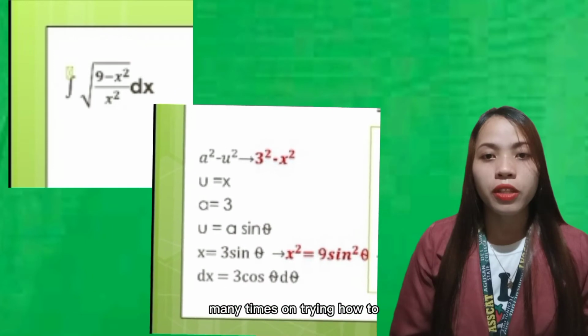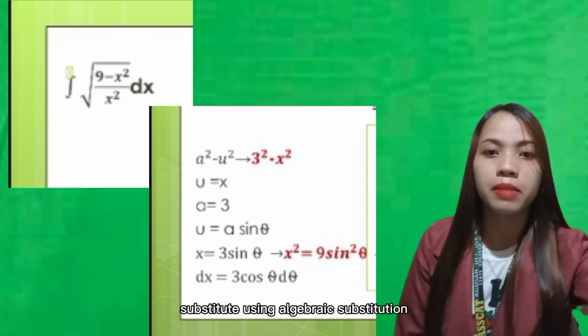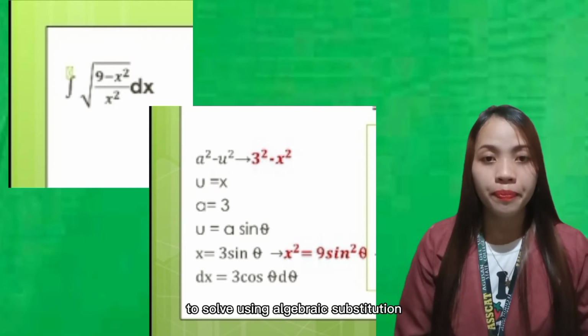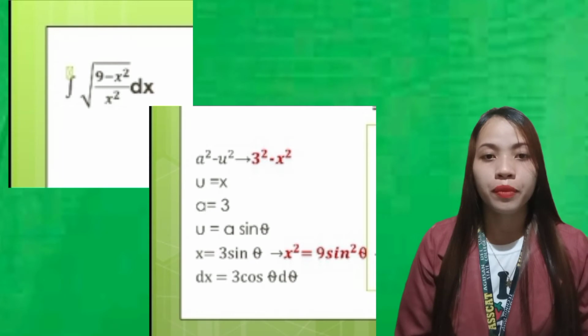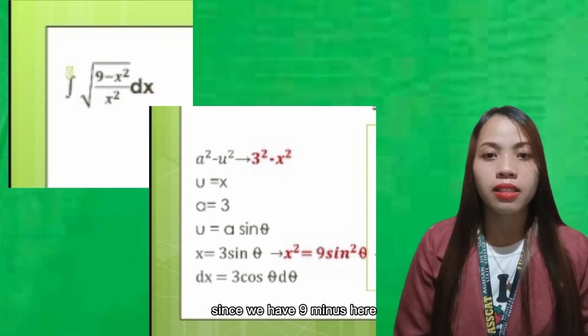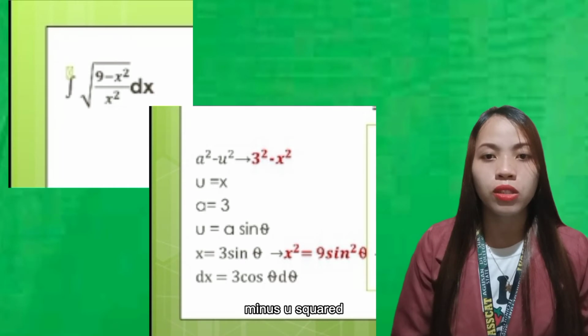Many times, we have a hard time solving this using algebraic substitution. Since we have 9 minus x², we can say that it is in the format of a² minus u².